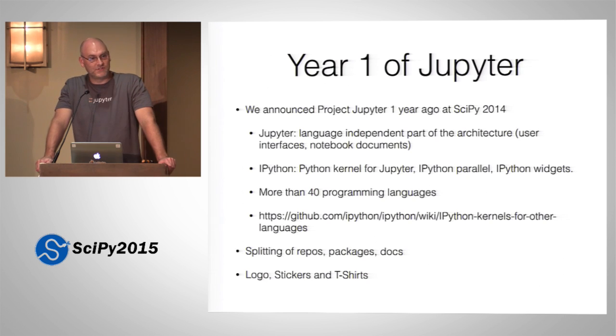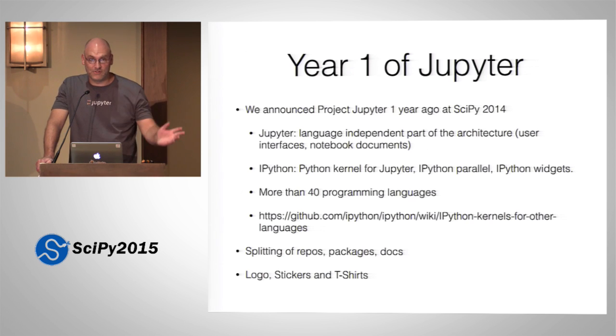What have we done this last year with Jupyter? The main task has been to split the monolithic IPython repo and package into multiple repositories and packages under the new Jupyter GitHub organization, as well as working on splitting the documentation, all of that.